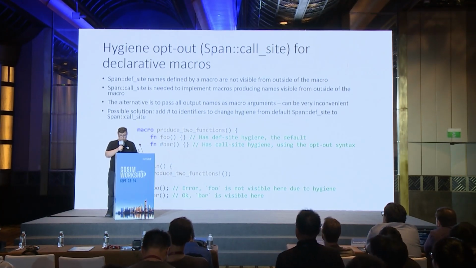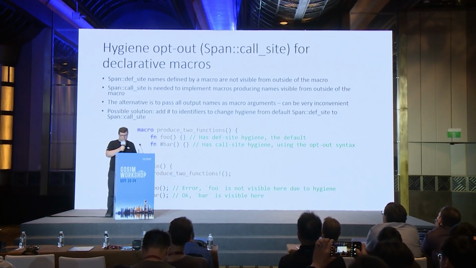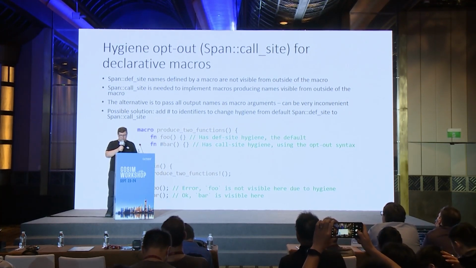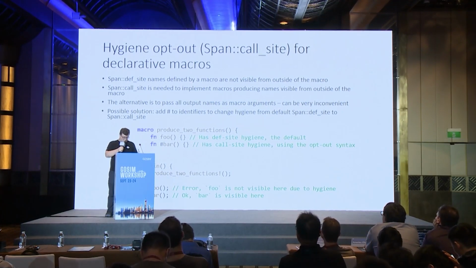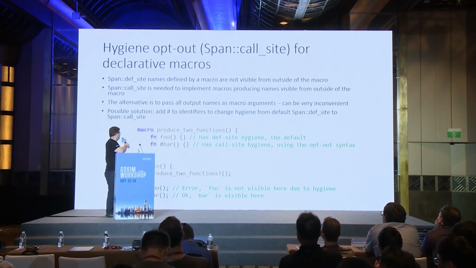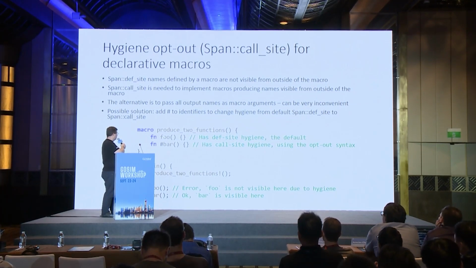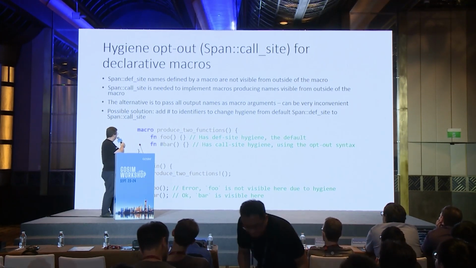Here's another issue with hygiene opt-out or using the span call site API in declarative macros. In this example, we see a macro 2.0 that produces two items. One has a definition site hygiene, and one is using this opt-out, using the hash syntax.